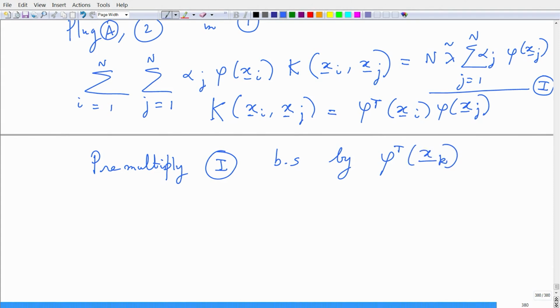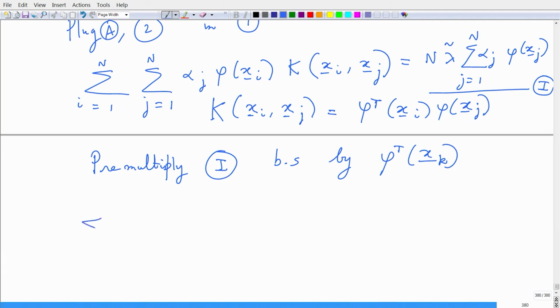You can clearly see that phi transpose xk on this kernel is basically a scalar because it is an inner product. Now I have phi of xi times phi transpose xk, and that I can realize using my kernel definition.